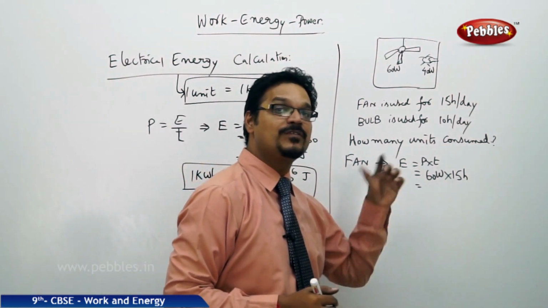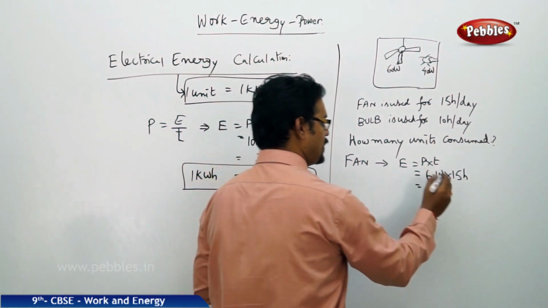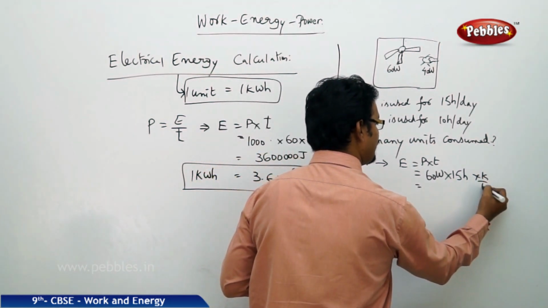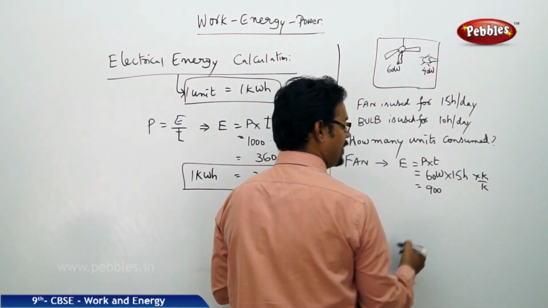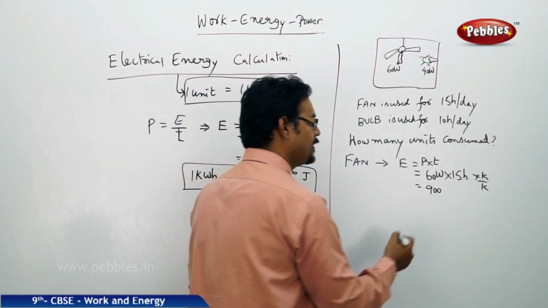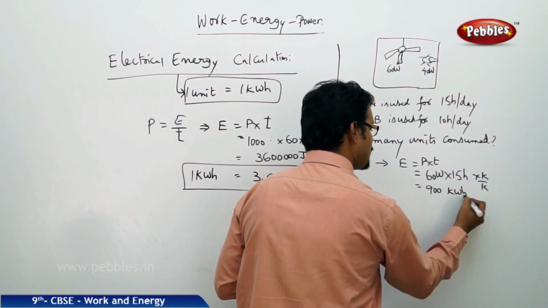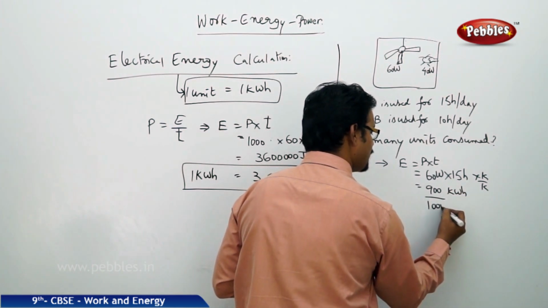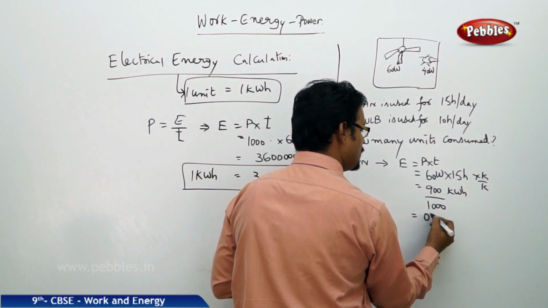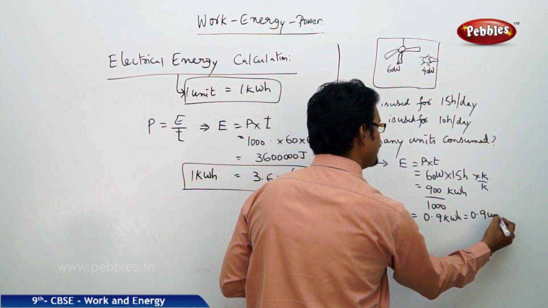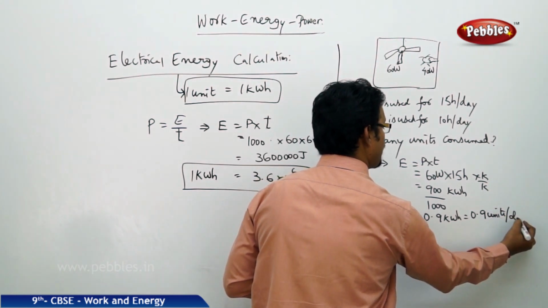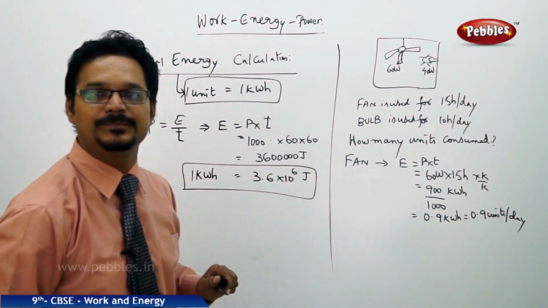Convert this number in terms of kilowatt hour: multiply by kilo, divide by kilo. Then 15 times 60 is 900, so 900 watt hour by K, where K means 1000. This is 0.9 kWh. That means you have consumed 0.9 units per day for the fan.